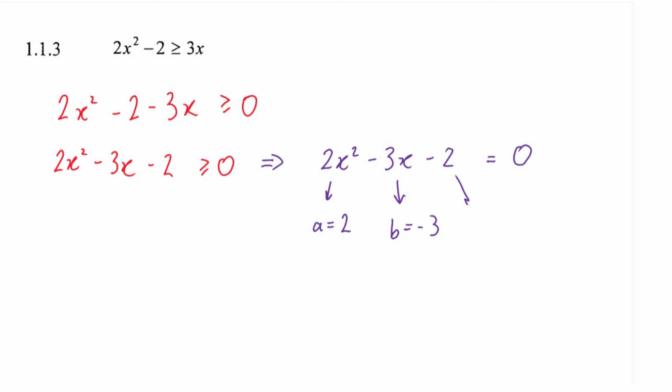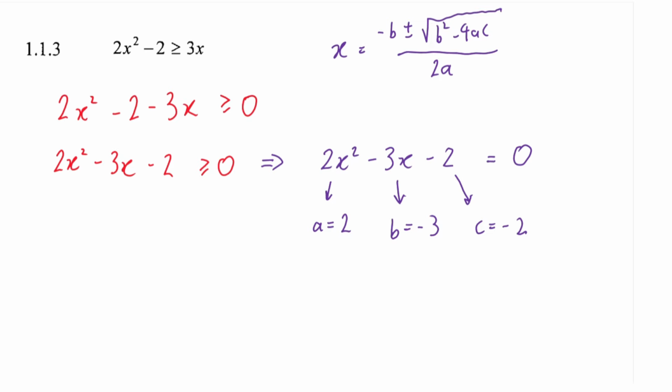And c is whatever's remaining, so c is minus 2. Plug this into your quadratic formula, and you know your formula is x is equal to minus b plus minus the square root of b squared minus 4ac all over 2a. If you plug that in, you will get 2 answers.